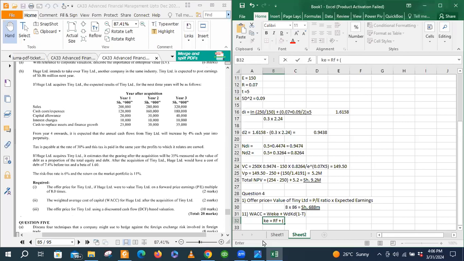If you use that one, what is Ku? There is none. Here we are in CAPM. So Ke equals RF plus RM minus RF times the beta.